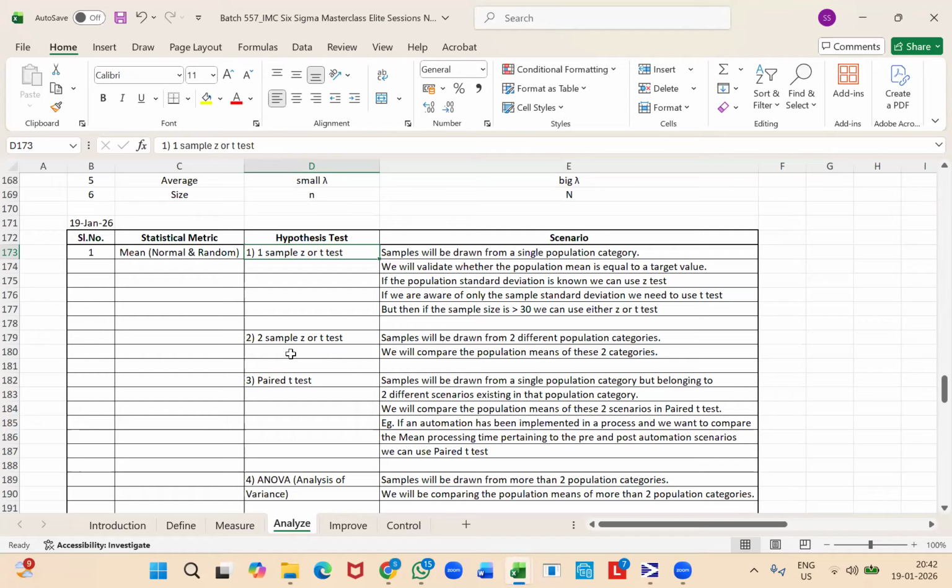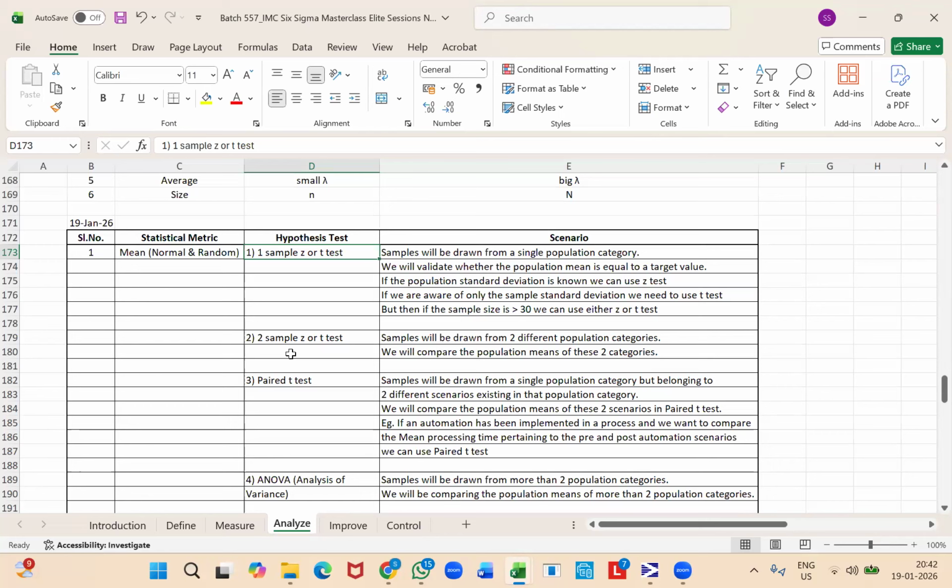We have a couple of tests there, Z test and T test. When to apply Z test and when to apply T test, we will see in a short while. But before that, let me give you an example for the scenario. Say there is a bike manufacturer who has come up with a new brand of motorcycle.